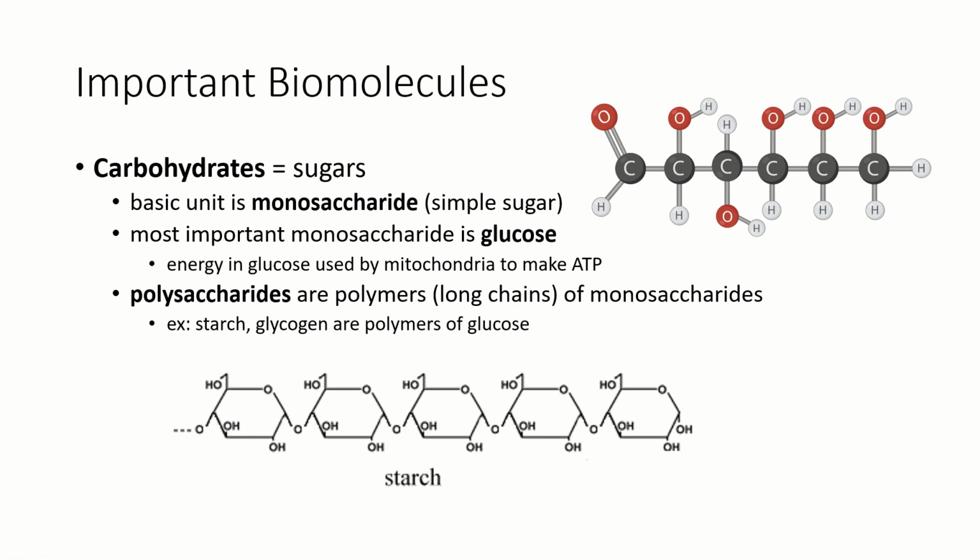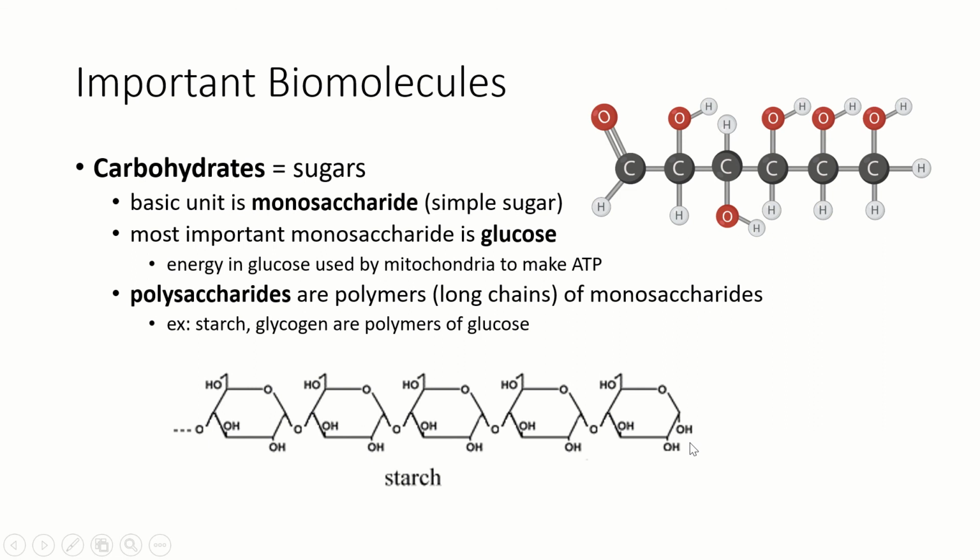This is really important biologically because our bodies are able to break these bonds between these glucose molecules very quickly, freeing up this glucose to go to our cells and make ATP so that our cells can do the things they need to do. So this is a really quick and fast form of energy, which is why we like glucose, which is why we like starch so much, because it's really good energy.